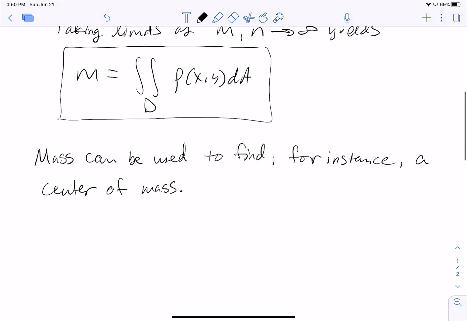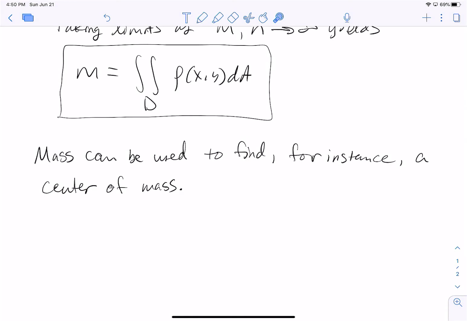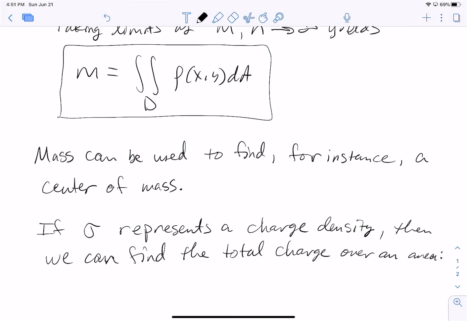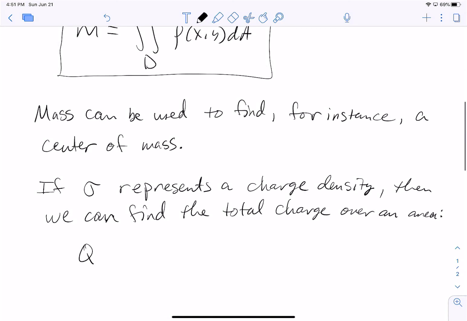We'll see how in just a little bit, but first I want to give you another application for this same type of integral. If sigma represents a charge density, then we can find the total charge over an area. The symbol we use for charge is Q, and the total charge is the double integral over D of sigma of x y dA.